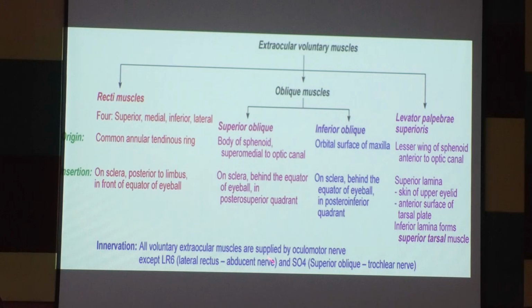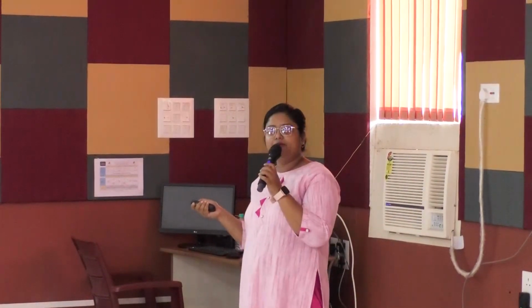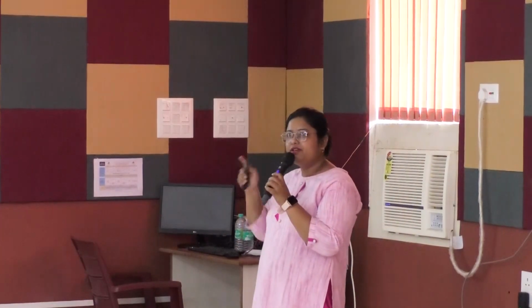Lateral rectus is supplied by the abducens nerve, and SO4, superior oblique, is supplied by the trochlear nerve. So you remember LR6, SO4, rest 3. Rest of the muscles are supplied by the third cranial nerve or oculomotor. Understood the nerve supply?